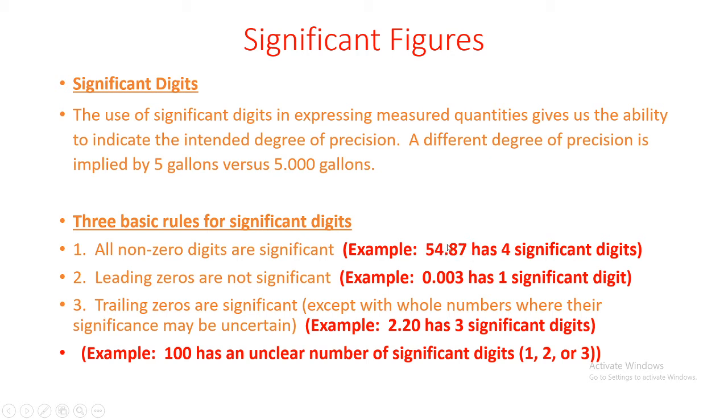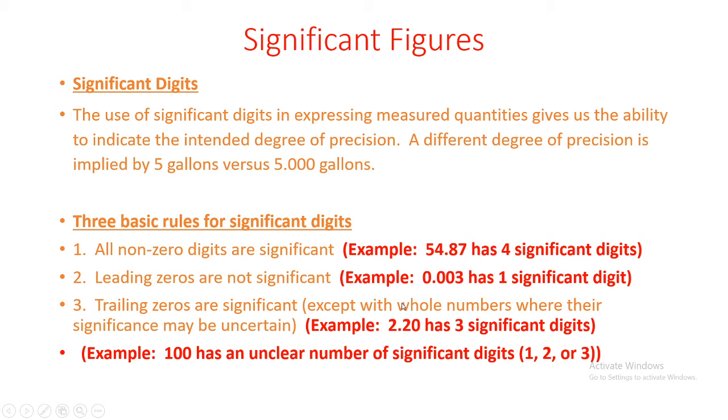Now, all leading zeros are not significant. So for 0.003, you have leading zeros. They're not significant. The only digit that's significant is the 3. So therefore, there's only one significant digit here.